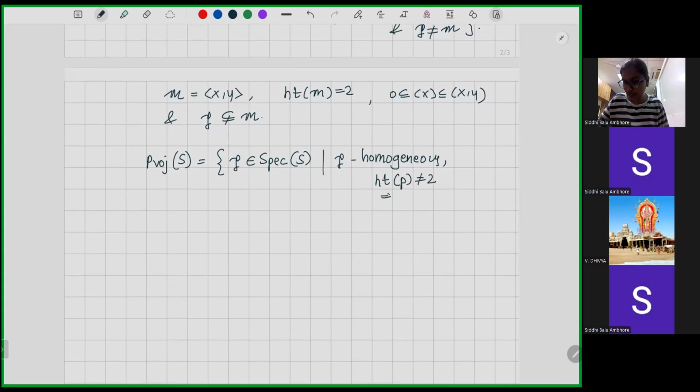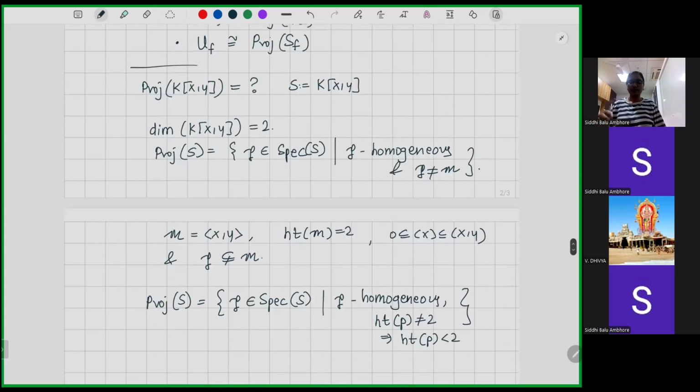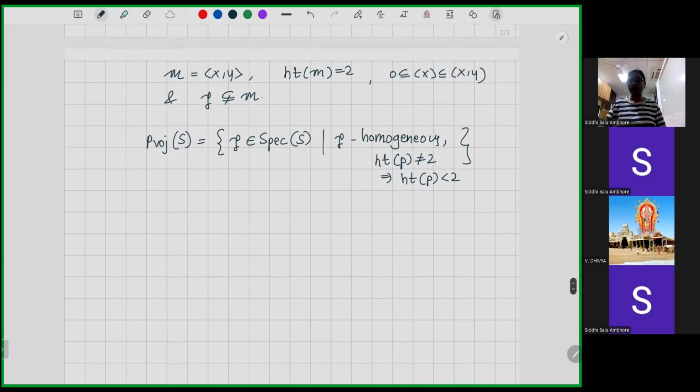But what does that mean? That the height of P is less than 2, because the dimension of K[x, y] is 2. So the maximum size of the chain of prime ideals will have size 2. So that's why I can write this set Proj like this.